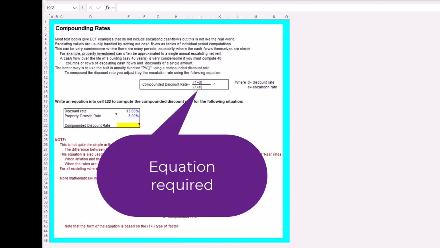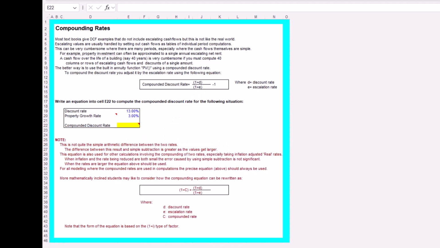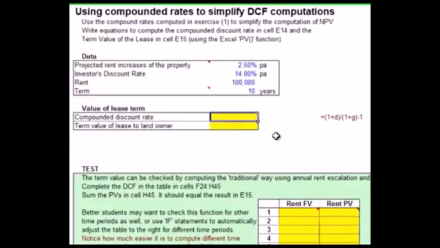I think this should be fairly straightforward since you've already done this exercise, so I'm not going to do a demonstration of it, except that I expect you to be able to take this yellow highlighting out by writing the correct equation here. We'll move now to using compound discount rates.